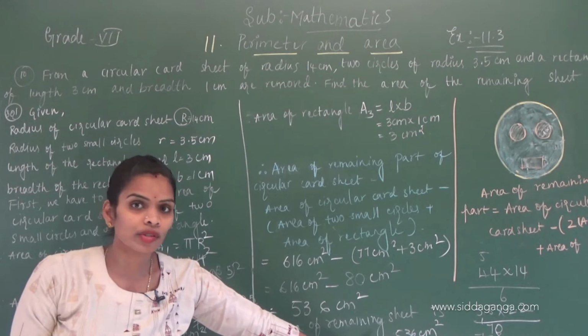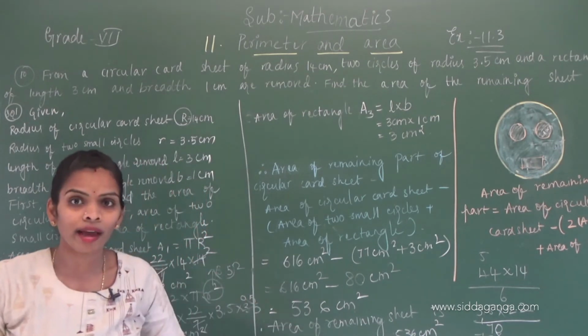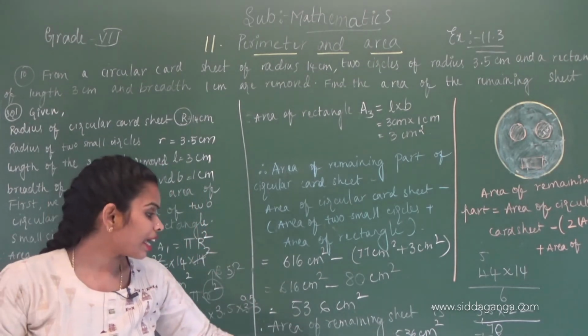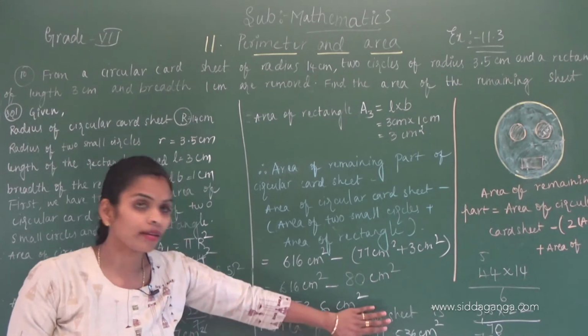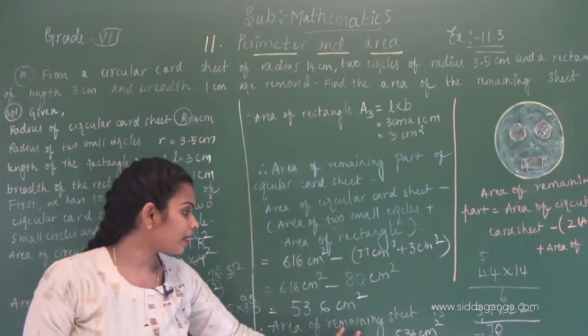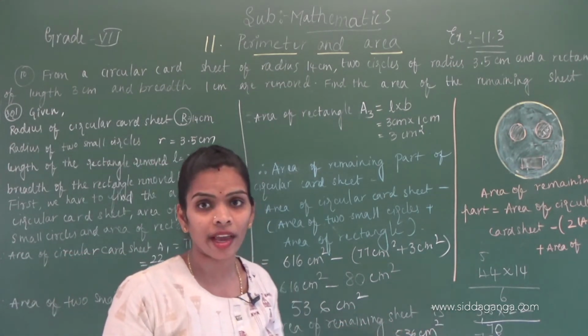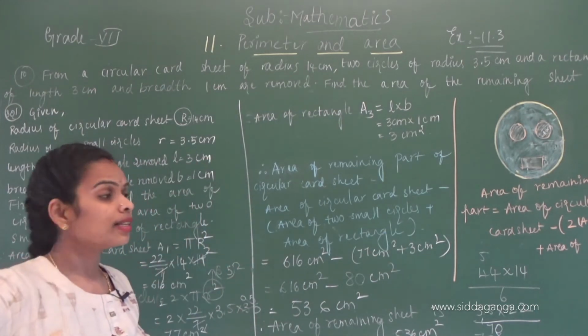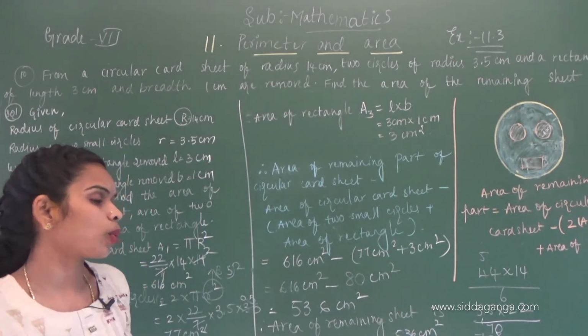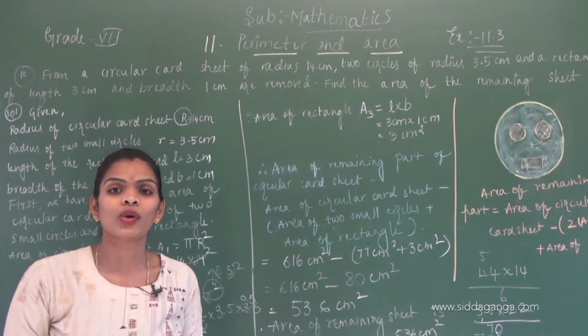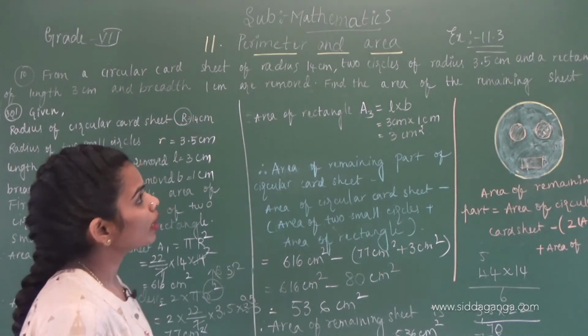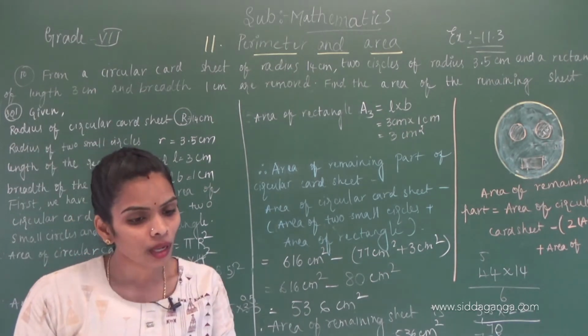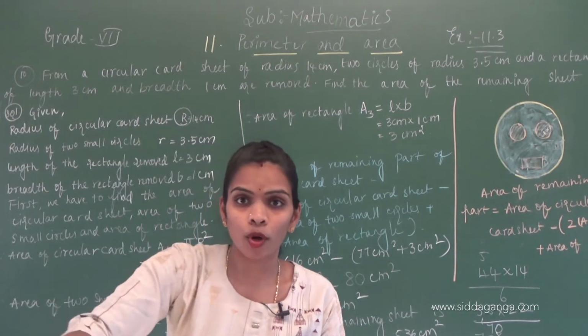I think it is not visible to you people. Lastly, you have to write therefore area of remaining sheet is 536 centimeter square. Otherwise, you can write square centimeter. Okay children, just move on to the next problem.